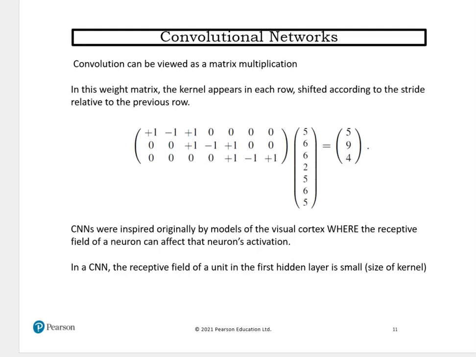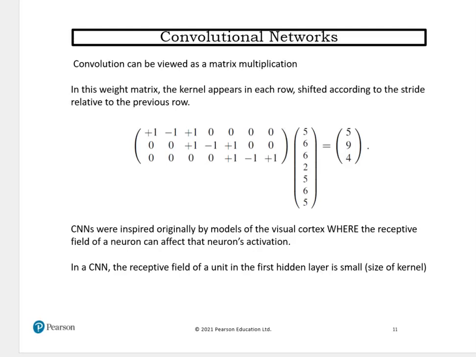CNNs were inspired originally by models of the visual cortex proposed in neuroscience, and we will talk more about this later when we revisit computer vision. In these models, the receptive field of a neuron is the portion of the sensory input that can affect this neuron's activation.